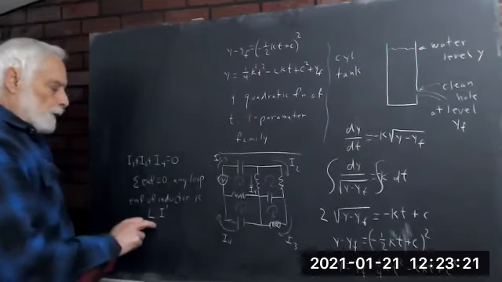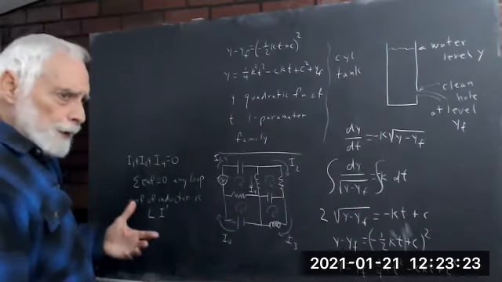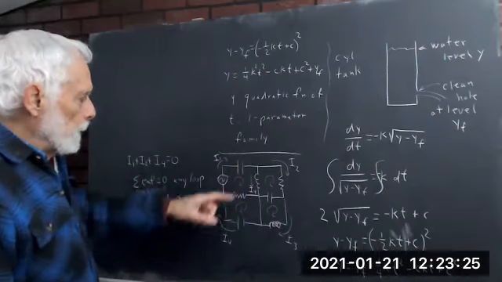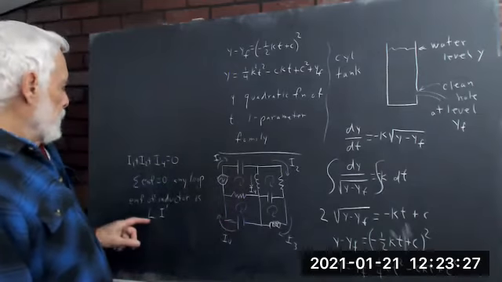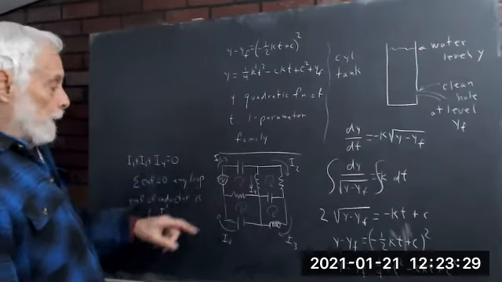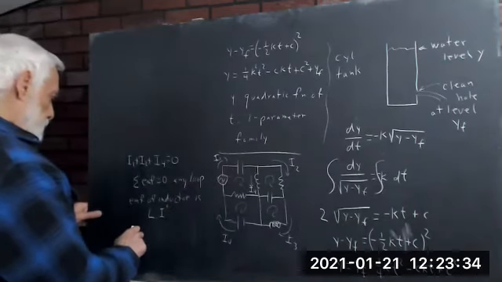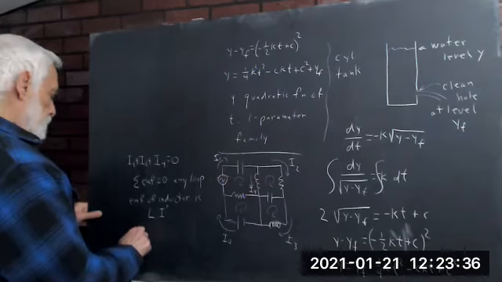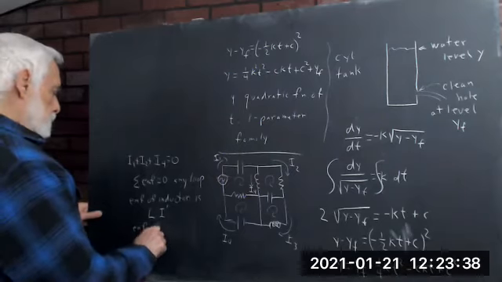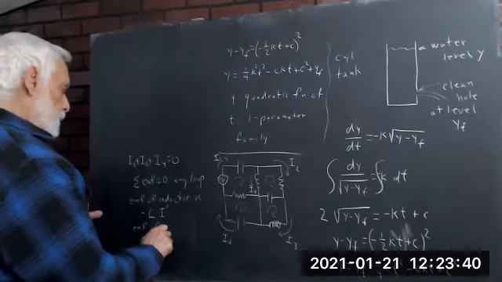The EMF of an inductor is L I prime, where I is the current in the loop. So for example, for this inductor, it would be L for this inductor times I4 prime. And it'd be negative.